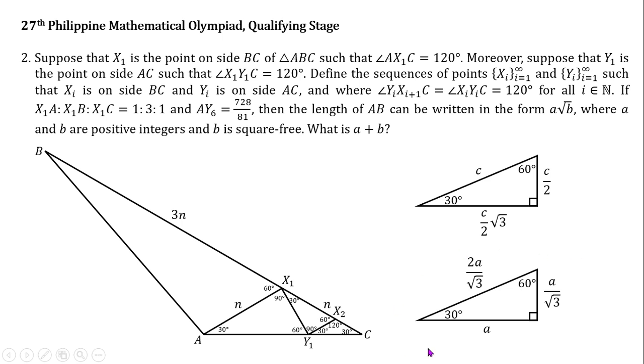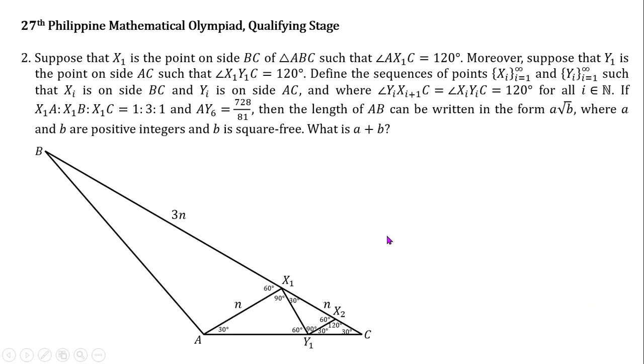The second one is particularly useful for our solution, so we'll use this one later on. Alright? Now, there's another very important information given in the problem. That is AY sub 6 is equal to 728 over 81.